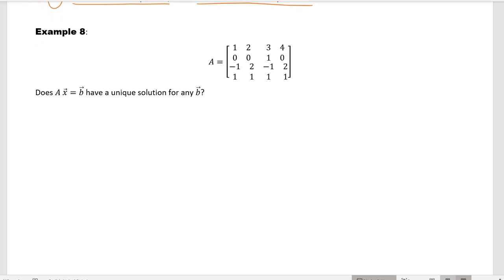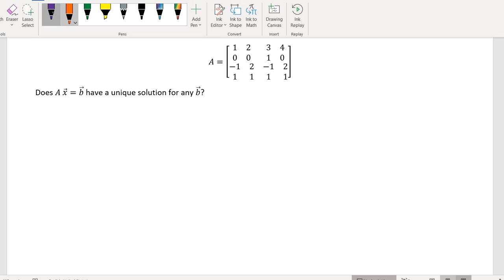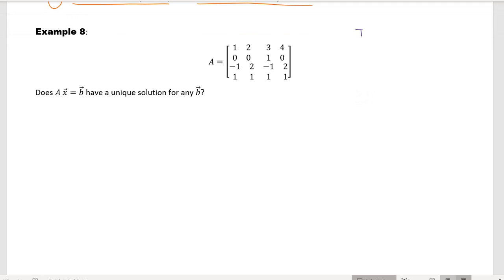Now let's do some examples. Example 8. Look at the matrix A. Does AX equals B have a unique solution for any vector B? I want to remind you, do you remember we said the following statements are equivalent?